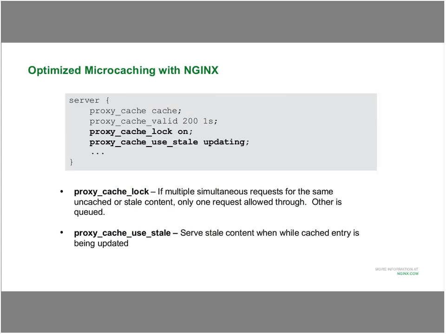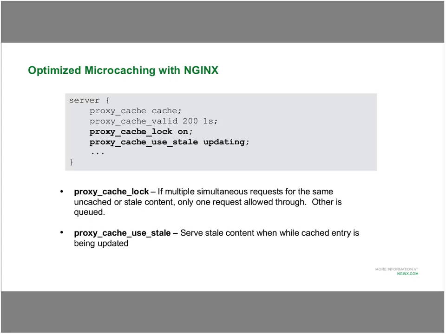Only one of those requests is going to be allowed through, the first one. The subsequent requests for that same content are going to be queued up. And then when that first request is satisfied, the other requests will get it from the cache. So that saves some additional amount of work from happening on the back end.